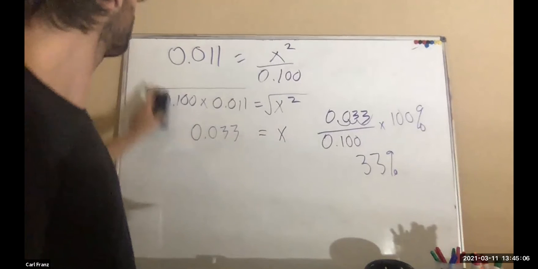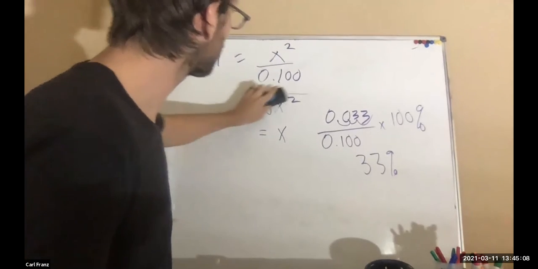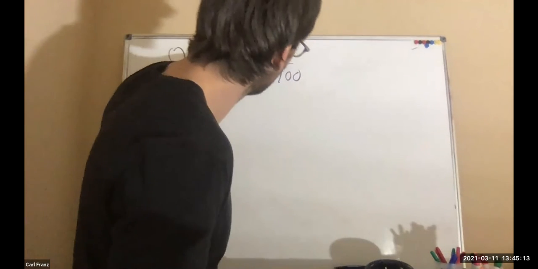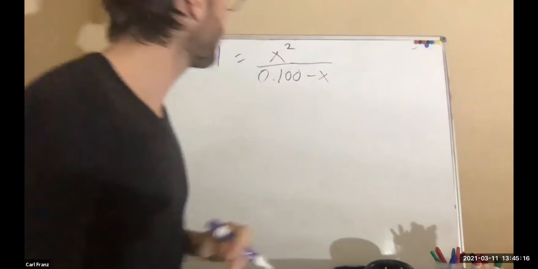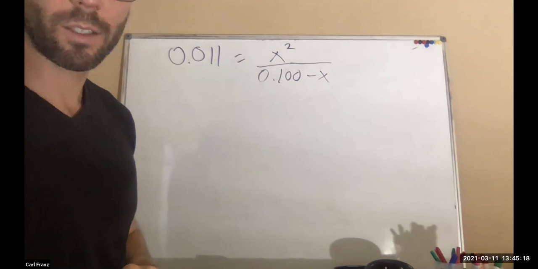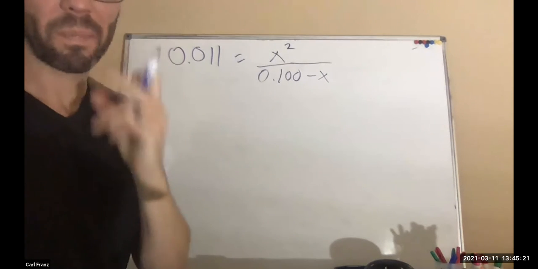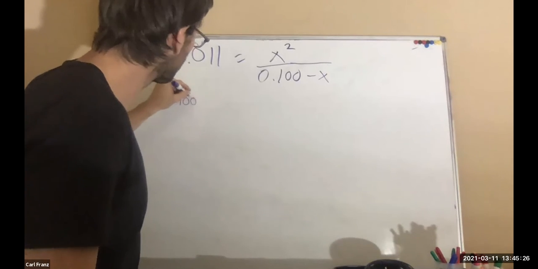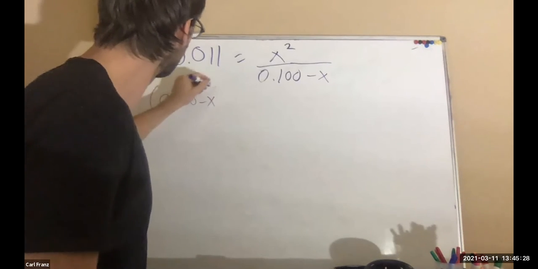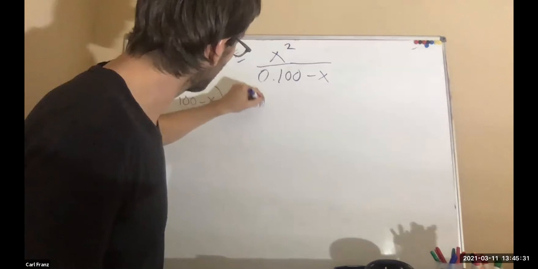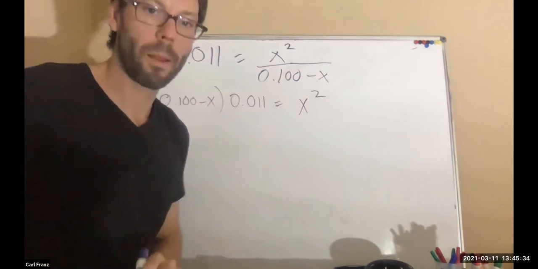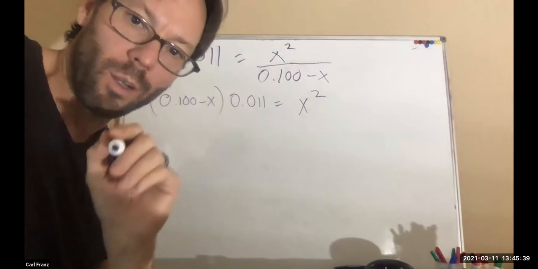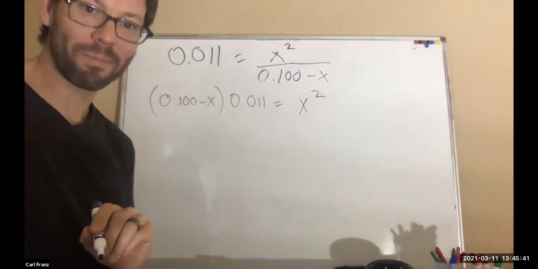All right. Well, if we can't do the small x assumption, then this becomes 0.100 minus x, right? And that becomes 0.100 minus x times 0.011 equals x squared. And now I think we're setting up for a quadratic equation, right?